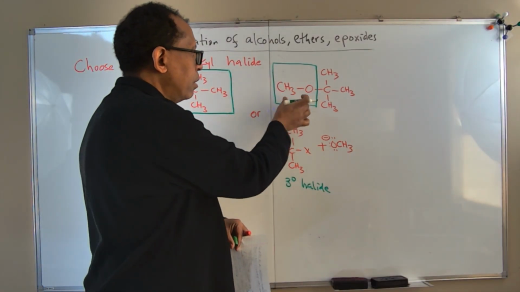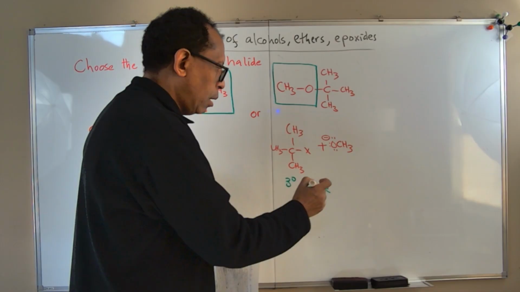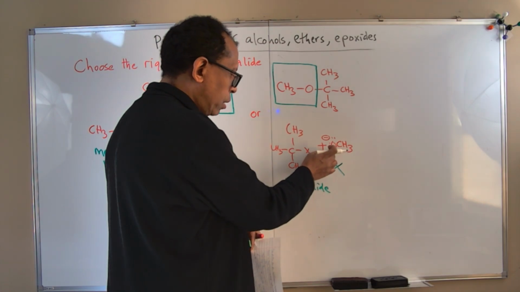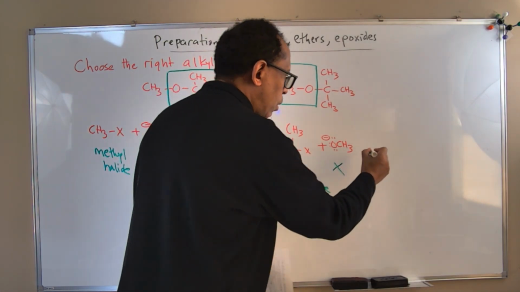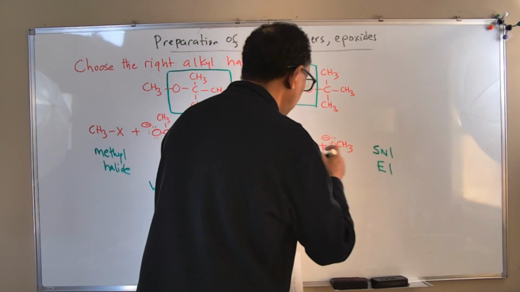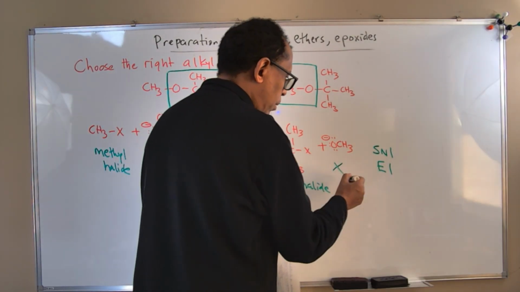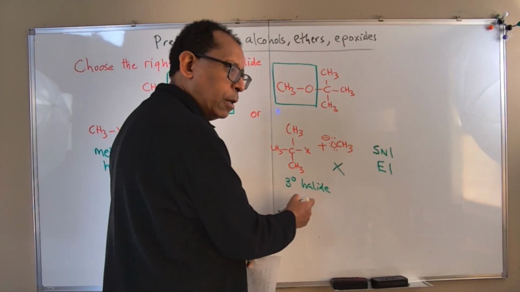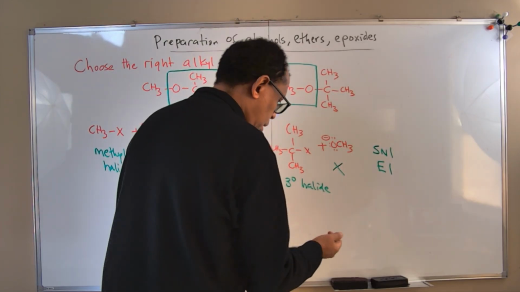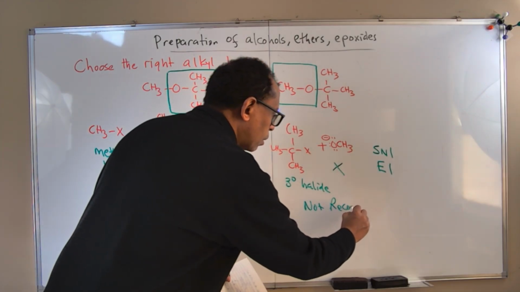But here with the reverse, if we make this a nucleophile and make this a halide, that reaction is not a good reaction, because this is not a good substrate for a nucleophile to do the ether synthesis, because it has a competition of SN1, E1, elimination as well. It can eliminate from here because it goes through a carbocation. So these are SN1 and E1 kind of reactions. So it doesn't give a clean product. So this is not a recommended combination.